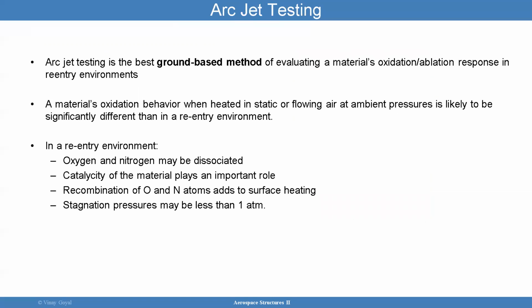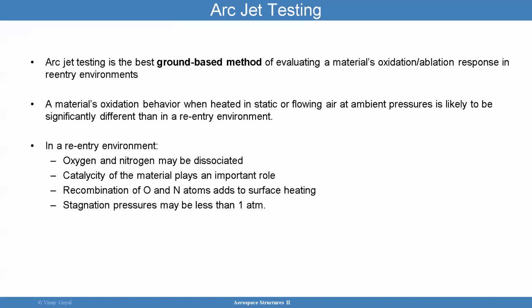So a good test that's done on the ground to test the materials at hand is called Arcjet testing. It's one of the best ground-based methods for evaluating the material response, ablation, and oxidation in a reentry environment. Material oxidation behavior occurs when heated in static or flowing air at ambient temperatures and pressures, and is likely to be significant during reentry environments.